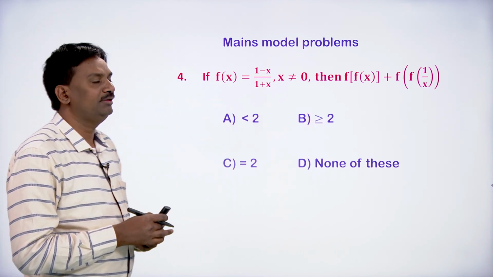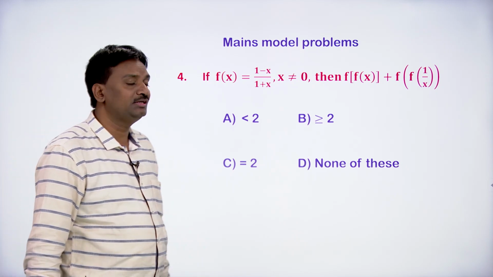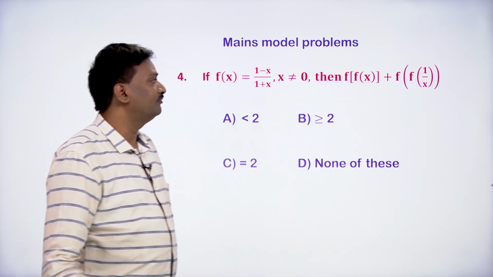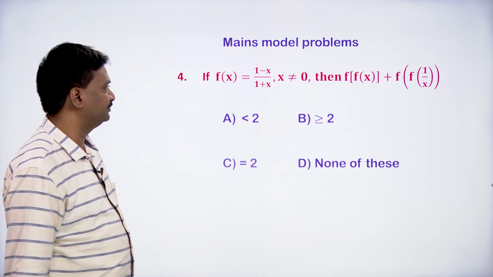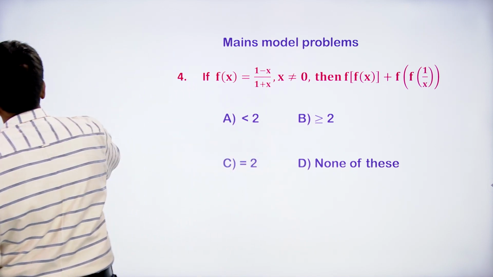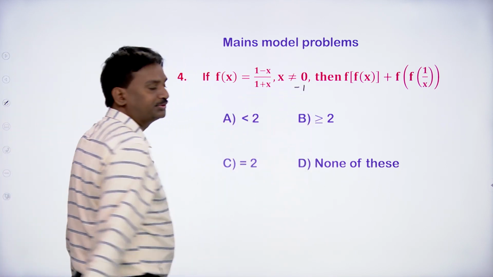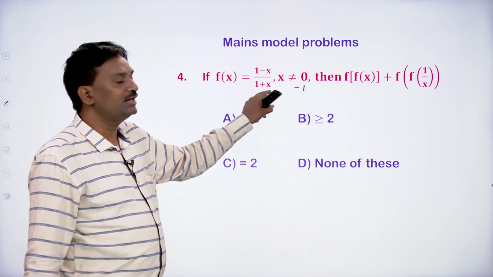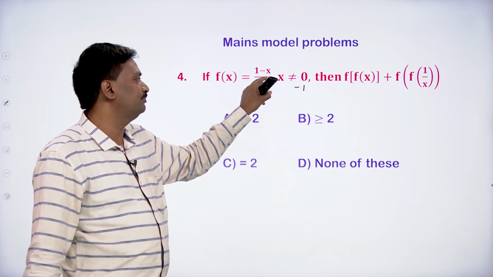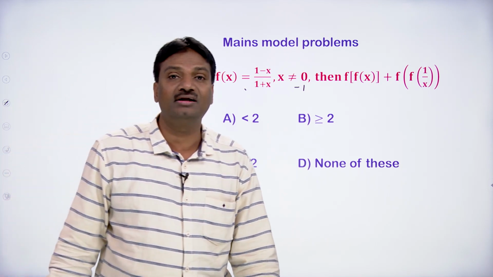Here, by observing the given problem, if f of x equals 1 minus x by 1 plus x, then f of x plus f of 1 by x. Here we must take x not equal to minus 1 also. If we take x equal to minus 1, then 1 plus x is 0, so we get something by 0, which is infinity, not defined.